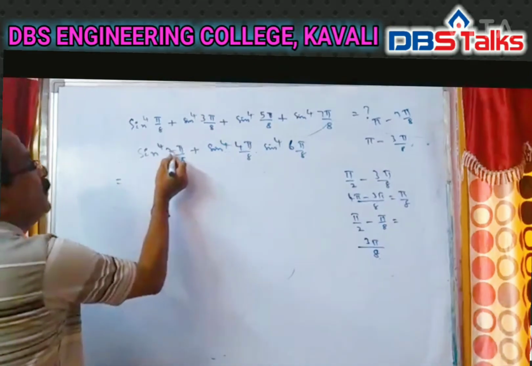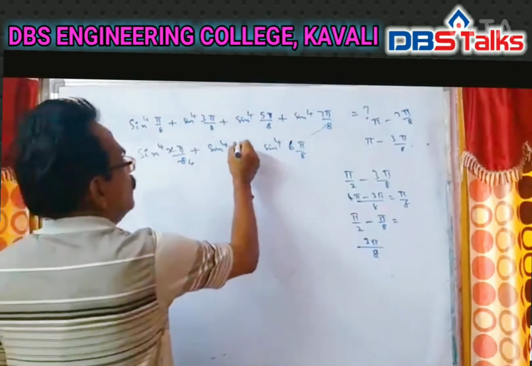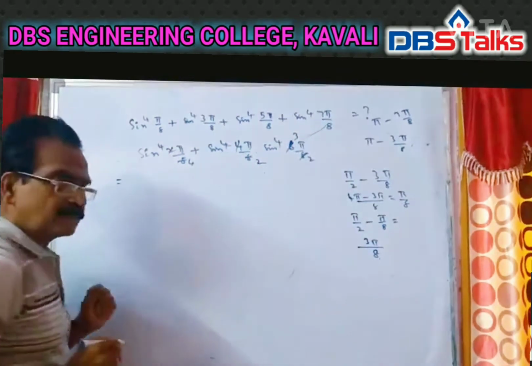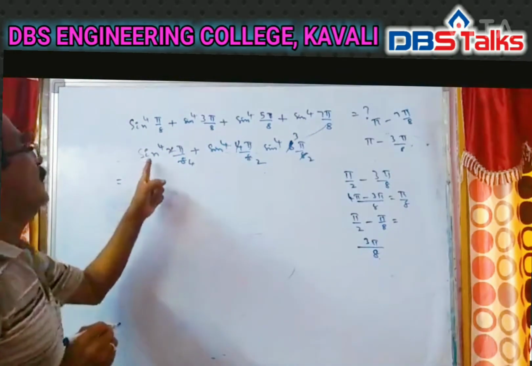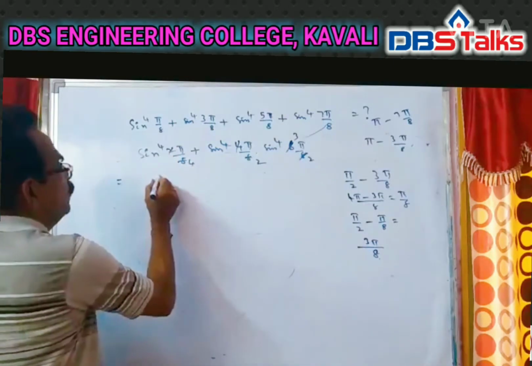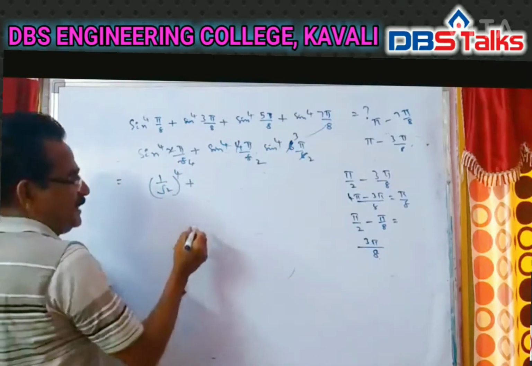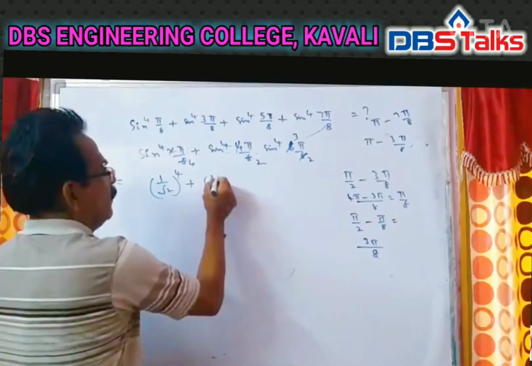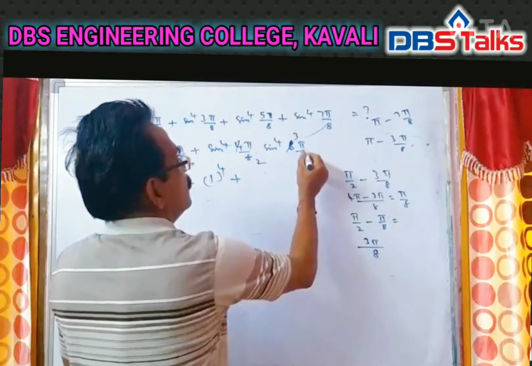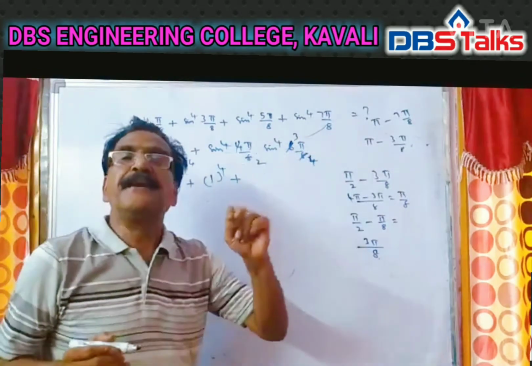See friends, 2 pi by 8 means pi by 4, 4 pi by 8 means pi by 2, 6 pi by 8 means 3 pi by 4. Right friends? Sin pi by 4 is 1 by root 2, whole power 4, plus sin pi by 2 is 1, power 4, plus sin 3 pi by 4.